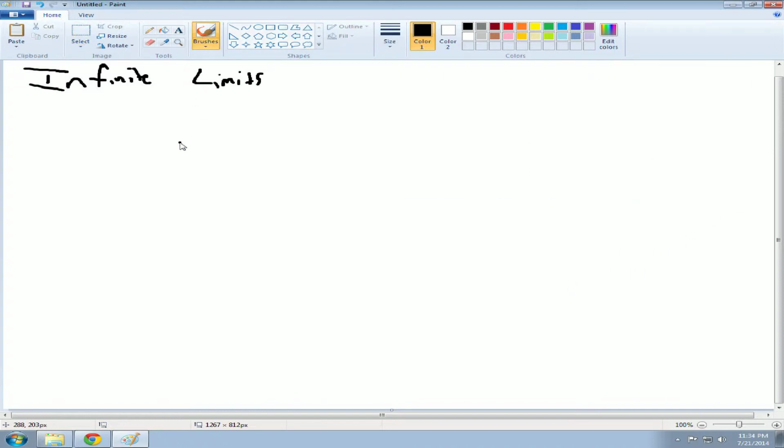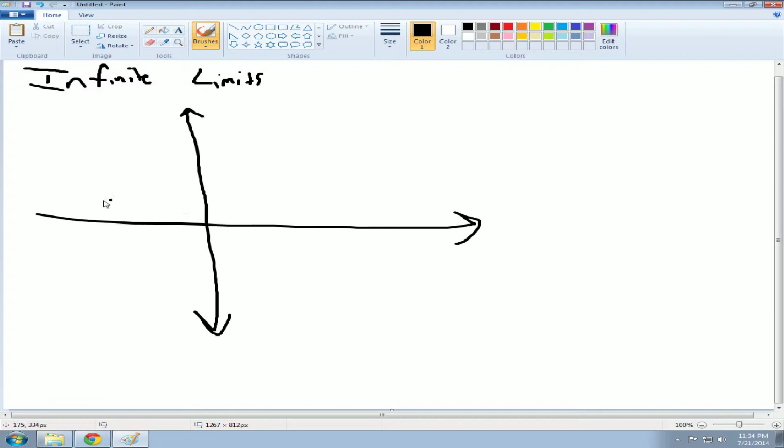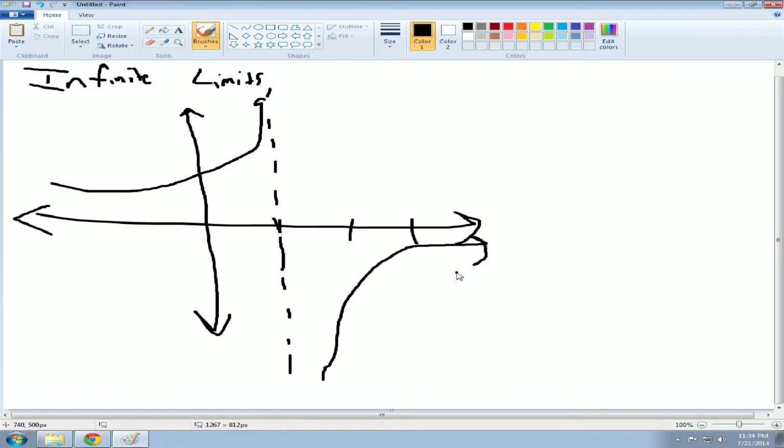If we look at a graph like this, how would you figure out what the equation of this graph would be?